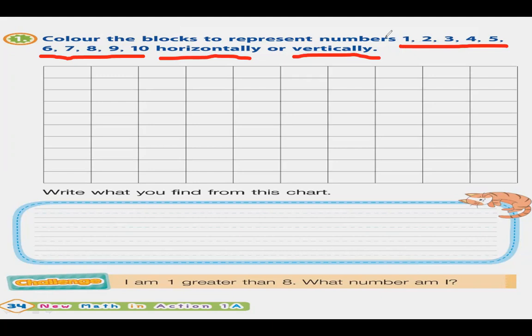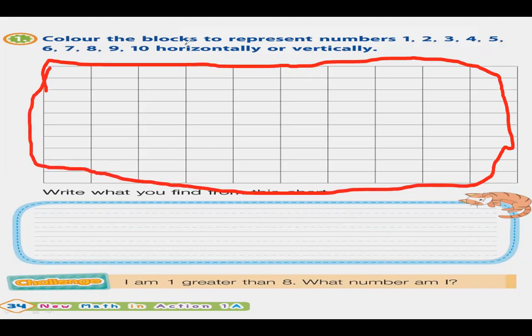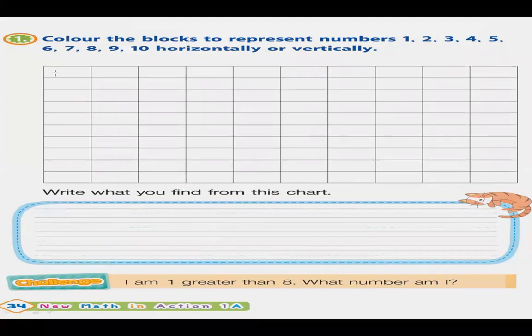Okay, so you are going to color some of these blocks here. Okay, you color it. So let's say you start from here. So you say 1. Okay, that's it. So you have to color it. All right, students.